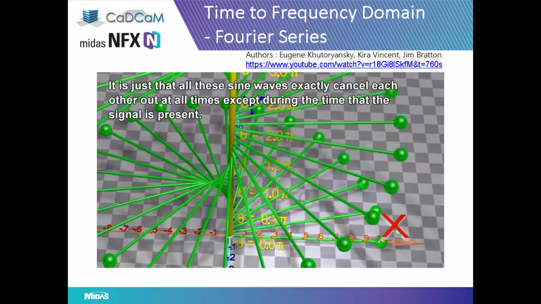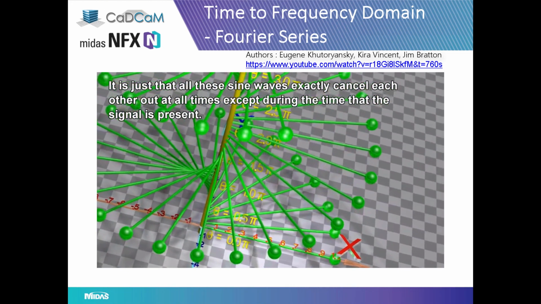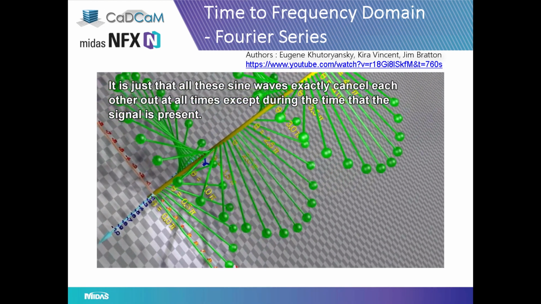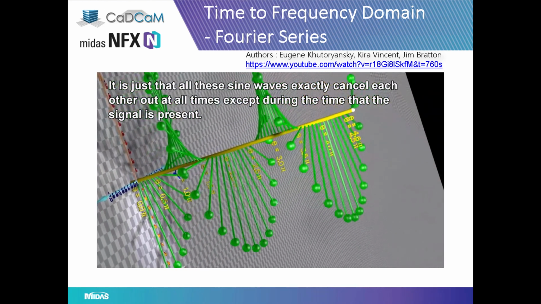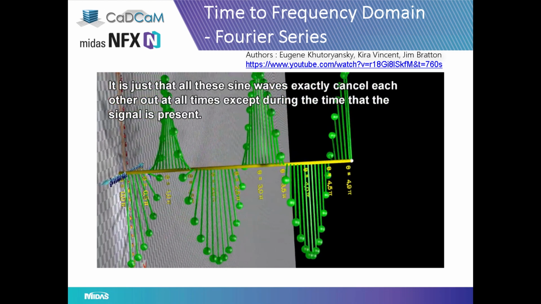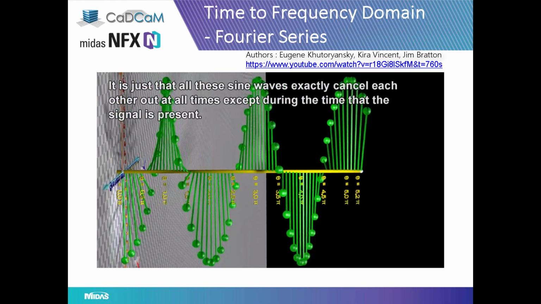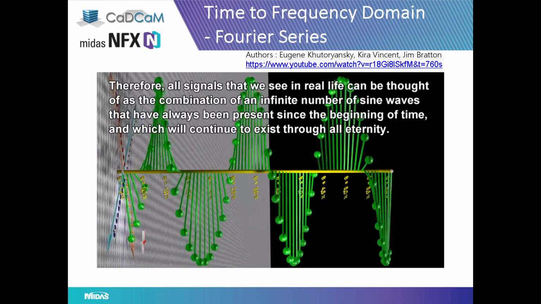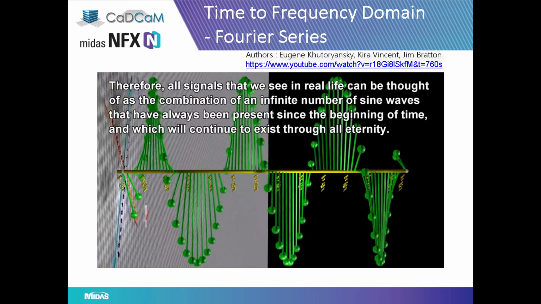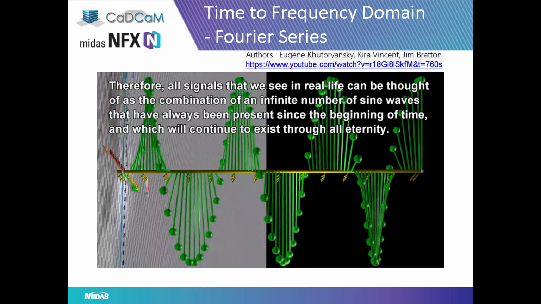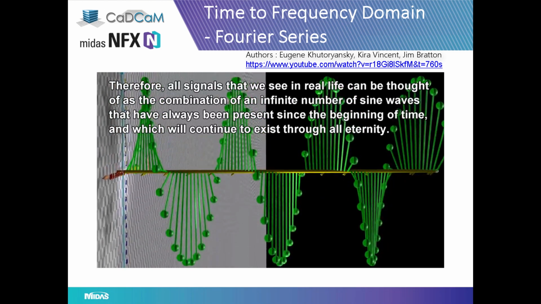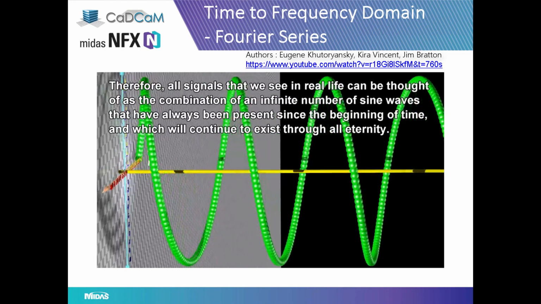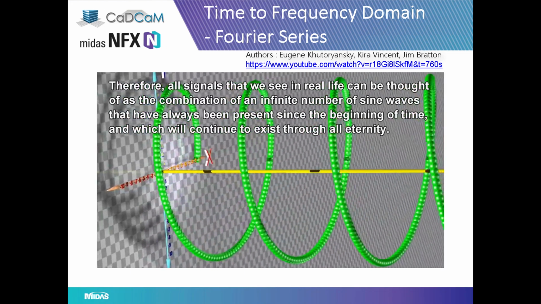It is just that all these sine waves exactly cancel each other out at all times, except during the time that the signal is present. Therefore, all signals that we see in real life can be thought of as the combination of an infinite number of sine waves that have always been present since the beginning of time, and which will continue to exist through all eternity.